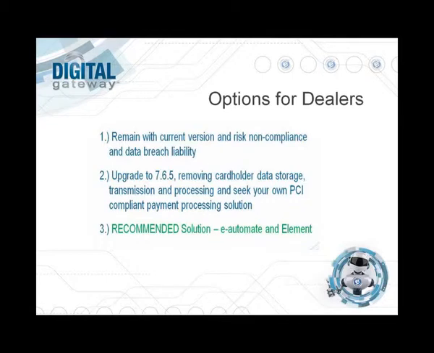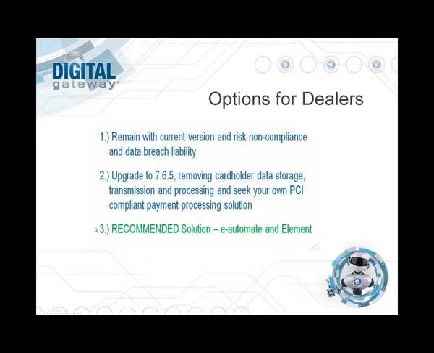Some of the options are that you can remain current on your current version and risk being non-compliant and possibly being fined if they catch you. You can also upgrade to 765, which removes the ability to hold, store or process any credit card information, and seek your own PCI compliant processing solution.